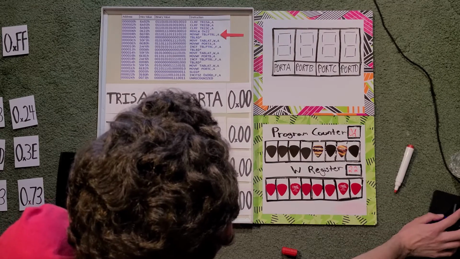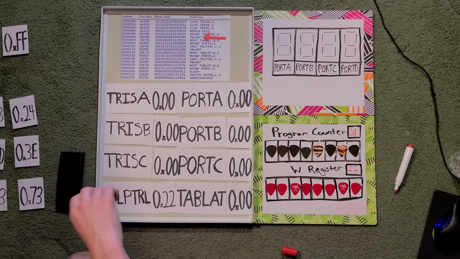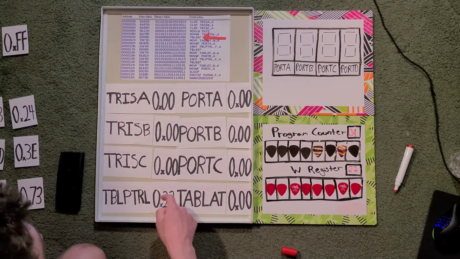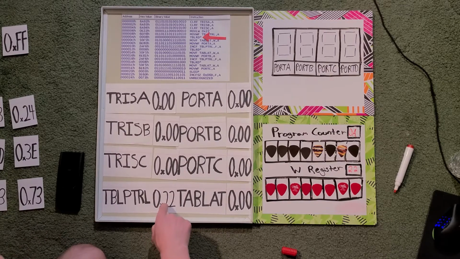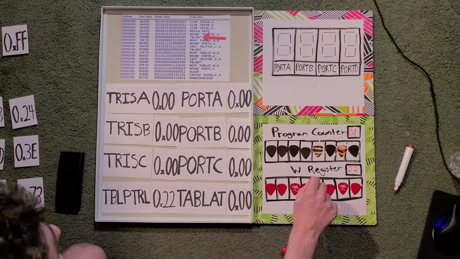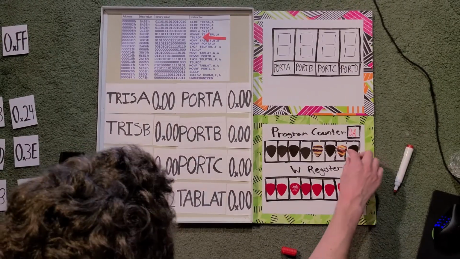Next step, we're going to point at what's actually located at this address, which is going to be our S value. And so we're going to move whatever is the value here to TABLAT. But before we do that, we're going to increase the program counter so we don't forget about that.